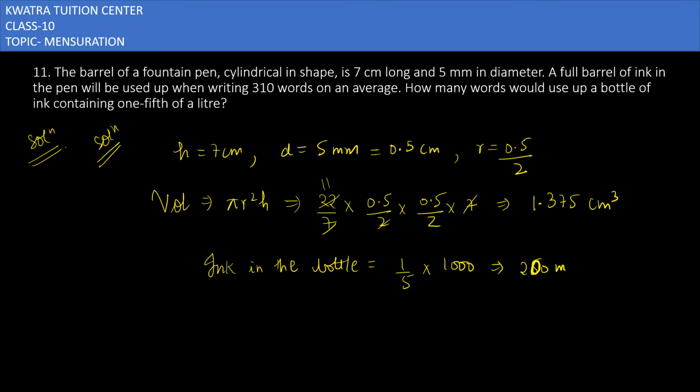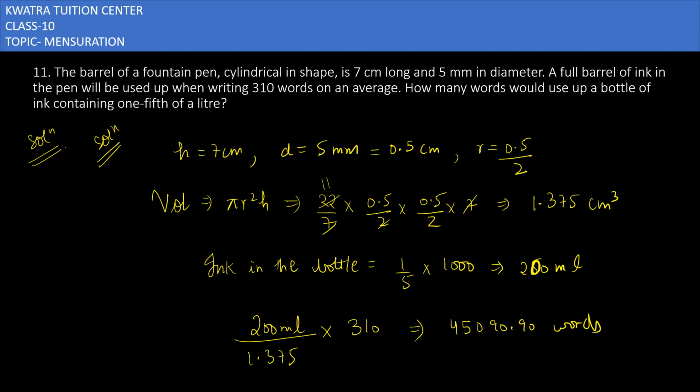So here you can see that ink in the bottle is 200 ml, and then we know that the volume is 1.375, and then multiply it with the words it can write. Solving this will give about 45,090.90 words.